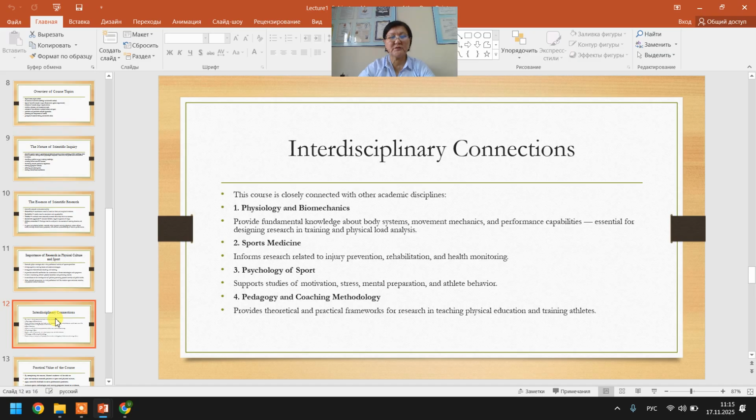Sports medicine informs research related to injury prevention, rehabilitation, and health monitoring. The psychology of sport supports studies of motivation, stress, mental preparation, and athlete behavior. Pedagogy and coaching methodology provide theoretical and practical frameworks for research in teaching physical education and training athletes.